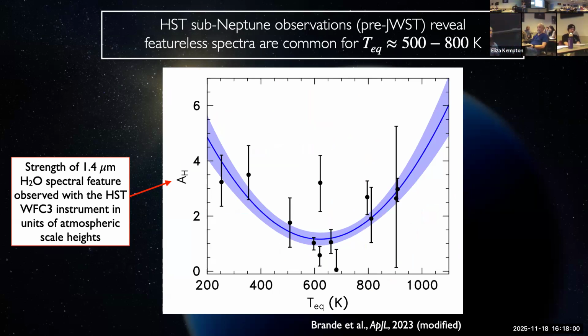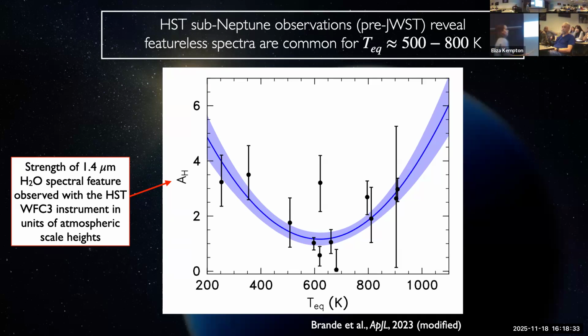The y-axis is the amplitude of the spectral features observed in a given sub-Neptune's atmosphere in units of atmospheric scale height, so that we're all normalized to a common scale, as a function of planet equilibrium temperature, which we can think of as the amount of insolation, the amount of flux that the planet receives.